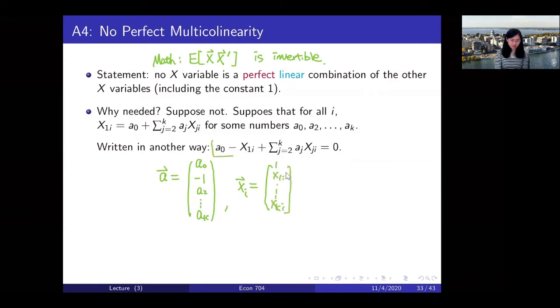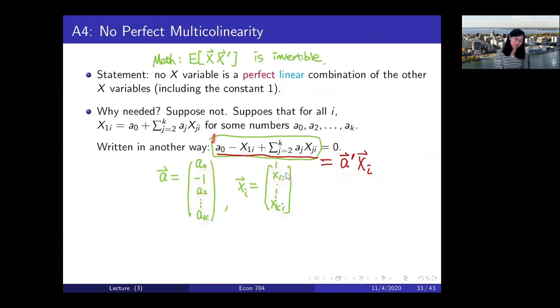Then the left hand side of this equation equals a vector transpose xi vector, the inner product of the a vector and the x vector. That inner product equals a0 times 1 plus minus 1 times x1i plus a2 times x2i, up to ak times xki.